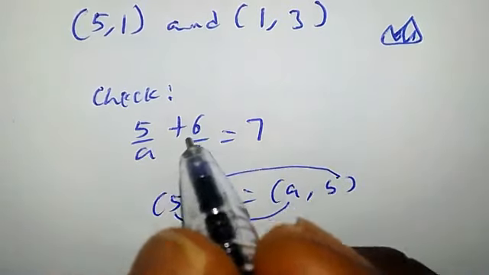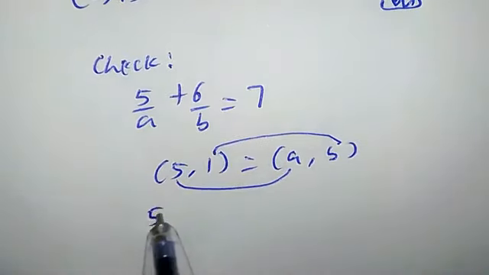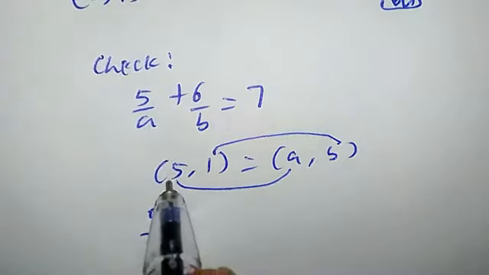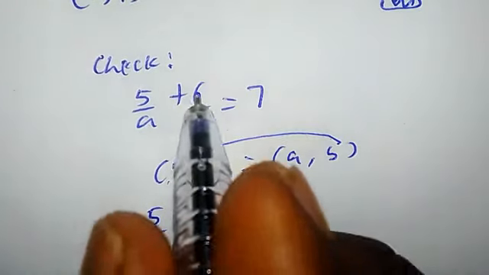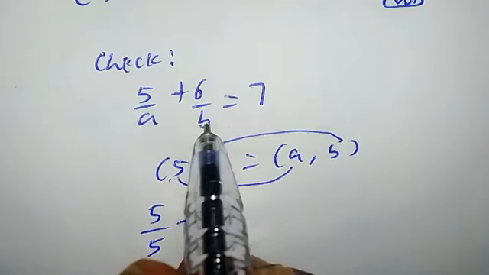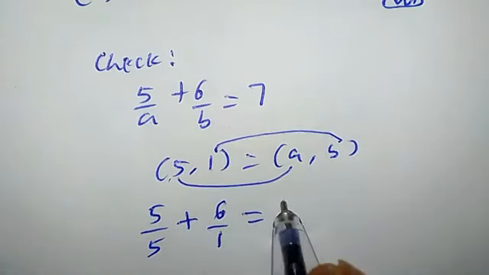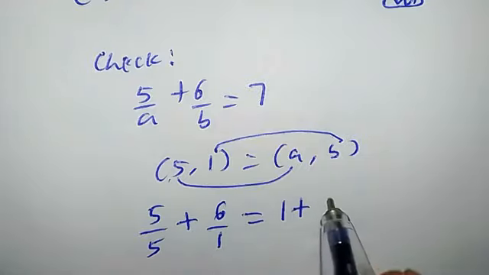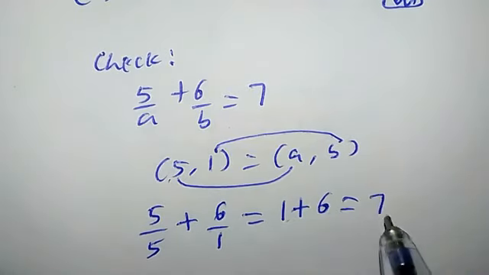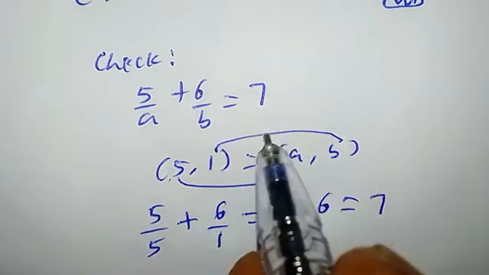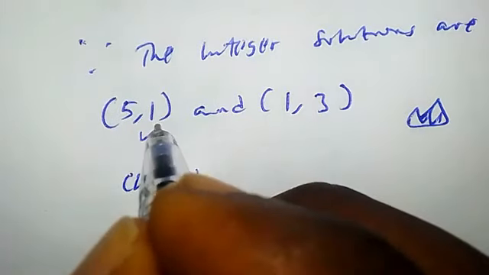Let's plug into the left hand side. We have 5 over a, which is 5, plus 6 over b, which is 1. That equals 5 over 5, that is 1, plus 6 over 1, that is 6. 1 plus 6 is 7, which is what we have on the right hand side. So this one is true.